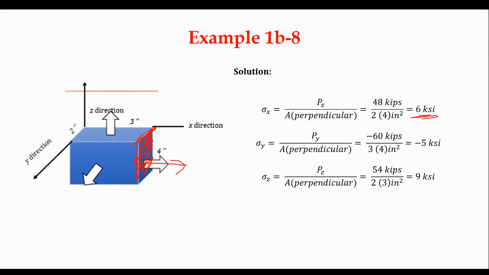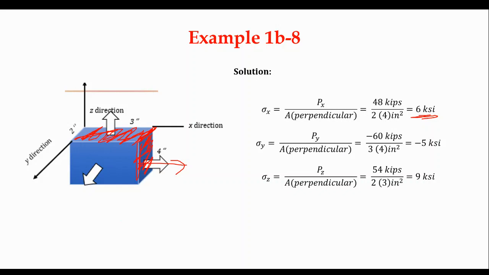How about the y? The y na given is compression na 60. So, force is negative 60 over the area perpendicular. Unsa may area perpendicular niya? 2 times 3. Ay, wait.